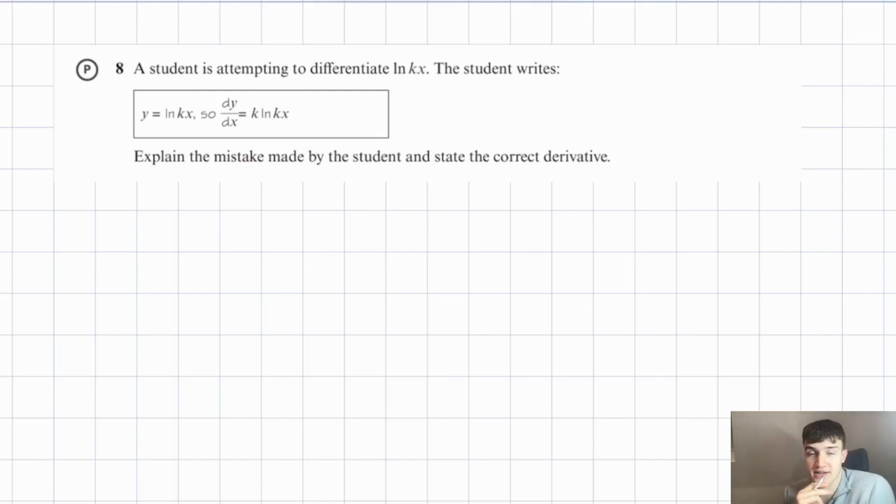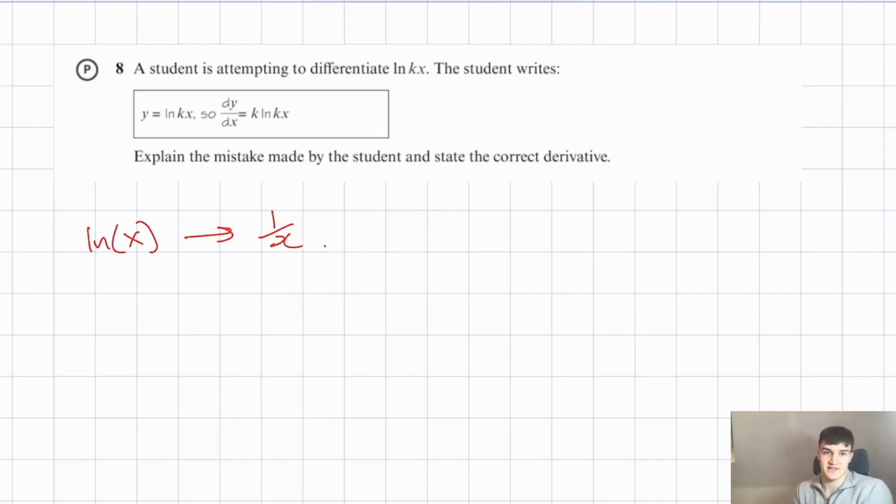So what have they done here? Well, we know that when you differentiate logs, you don't end up with a log coming back, right? Just differentiating the natural log gives you 1 over x.